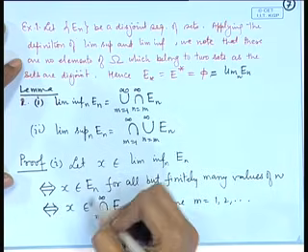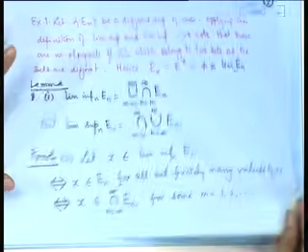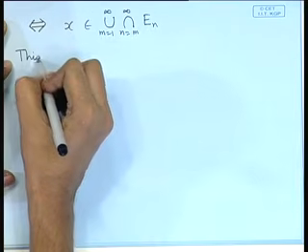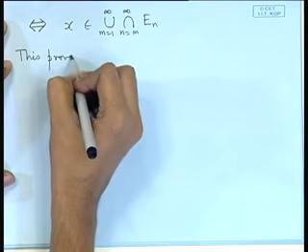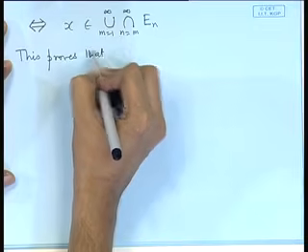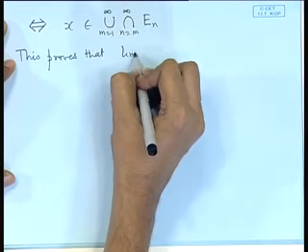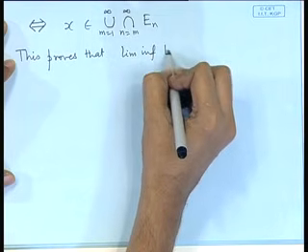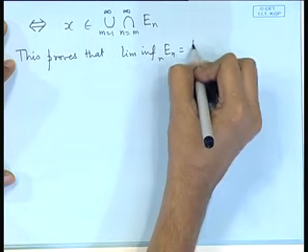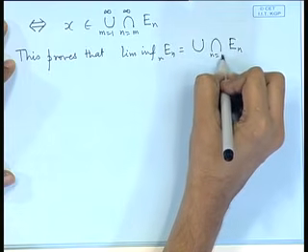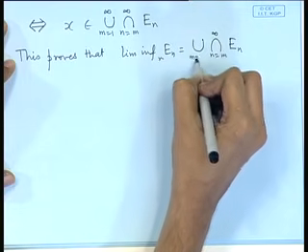Therefore, we have both way implication for all the statements, and this proves that limit inferior of E n is equal to union intersection E n, n is equal to m to infinity, m is equal to 1 to infinity.